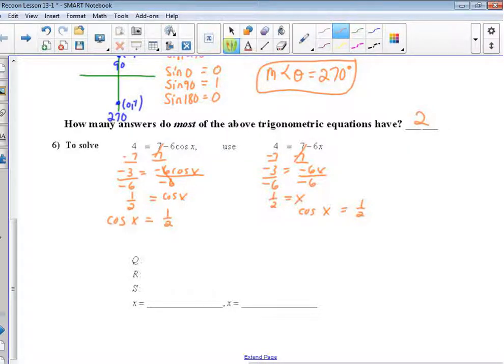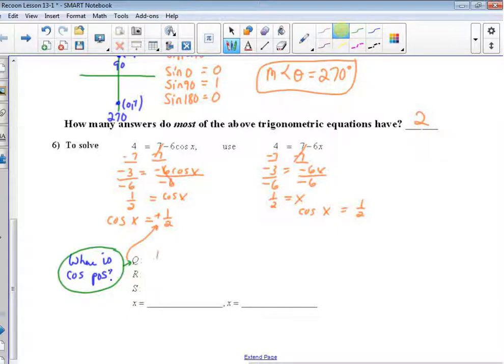So now you're back to where you were in the problems up above for 1, 2, and 3. So what quadrant? See, this is positive. So what quadrants is cosine positive in? That is what you are finding out when you are writing down your quadrants.